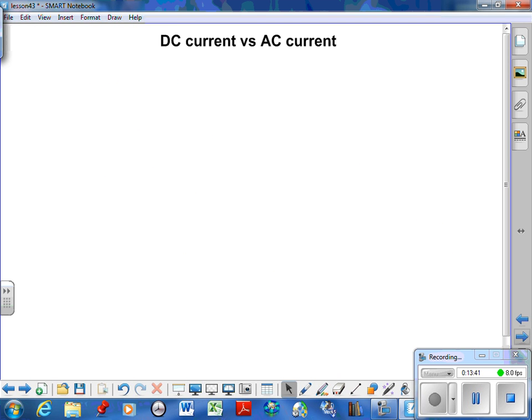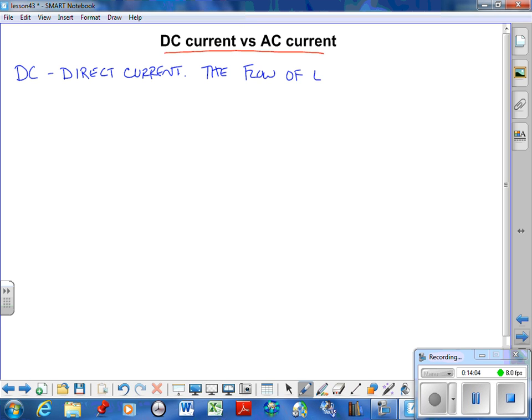Now let's talk about DC and AC current quickly. Actually, it's been pointed out to me this is a bit of an oxymoron here. It should be just DC versus AC, because DC is direct current. That is the flow of electrons from posts.